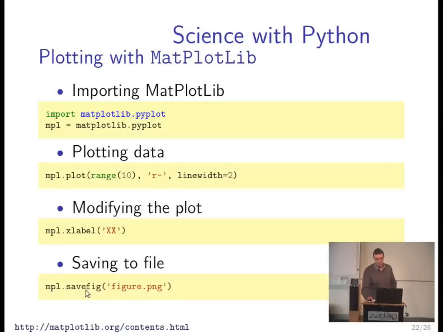You just say matplotlib.savefig, you give the extension, and it will automatically save the plot in the format that you specified. I think the savefig function also has different parameters, so if you want to save as a JPEG, you can, for example, specify the quality you want to save, and so on.